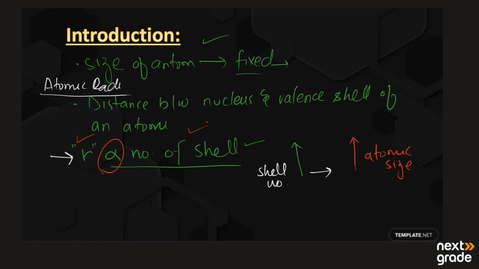The unit that we mostly use to express atomic radius is the nanometer. Nanometer means 1.0 times 10 raised to power minus 9 meter. So this is a simple introduction about the radius or the atomic size of an atom.